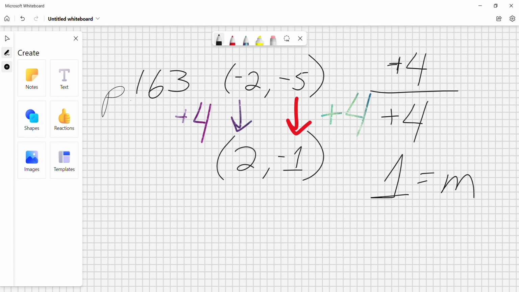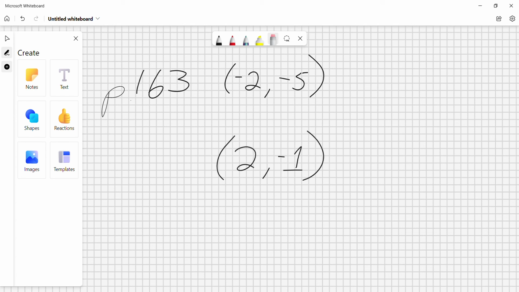So now that I have this information, I'm going to pop this into my answer. My answer is not finished yet, but I'm going to start it. y equals 1 times x plus b. I'm still missing b. Now, writing 1x is redundant, so you can just write y equals x.